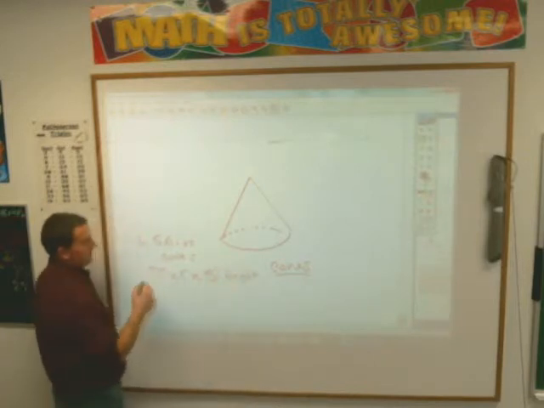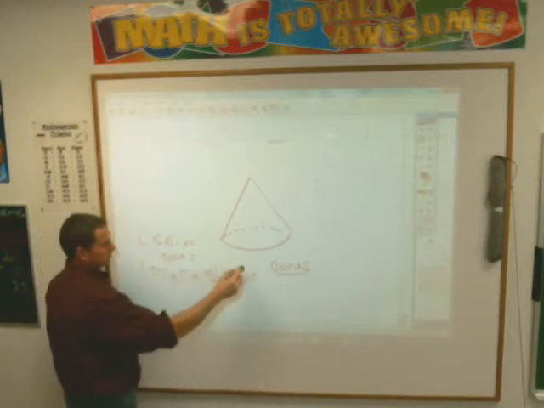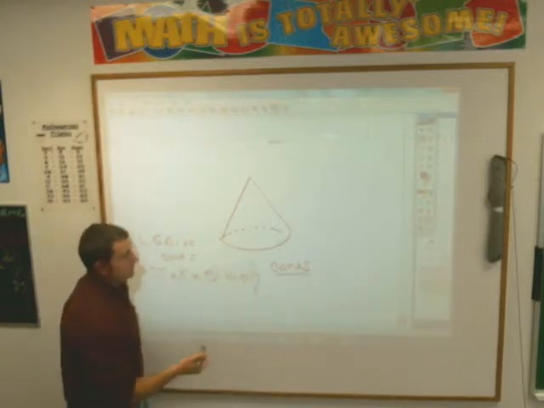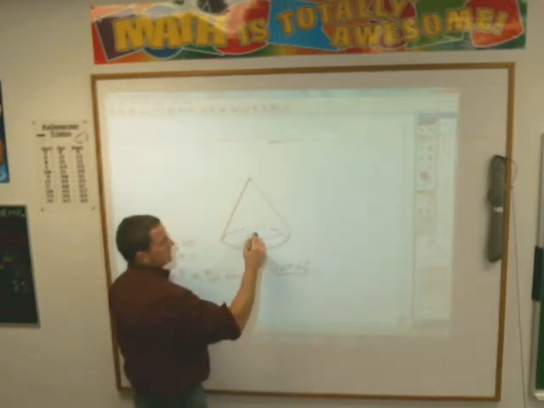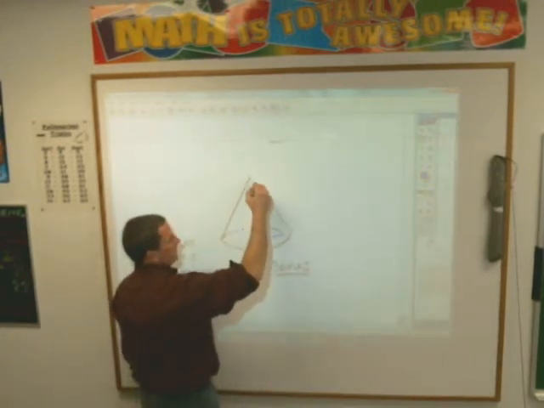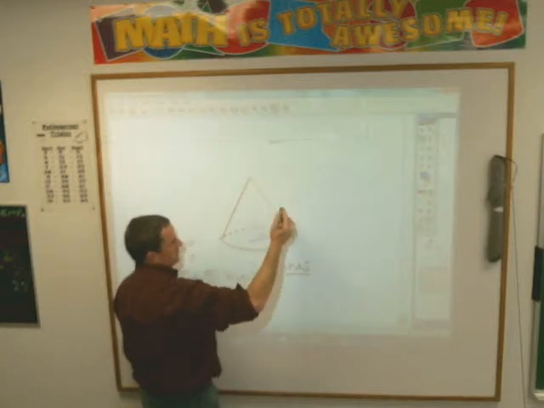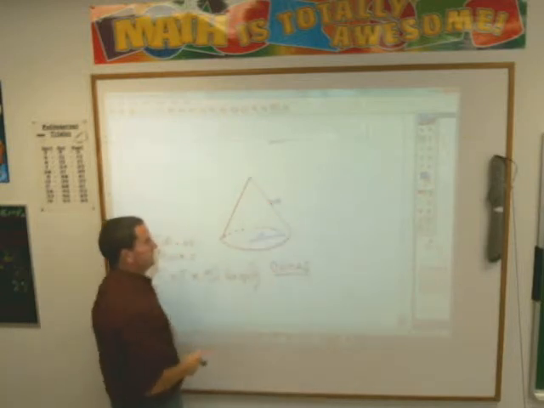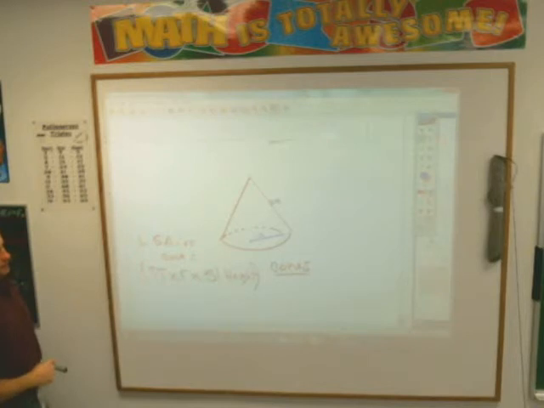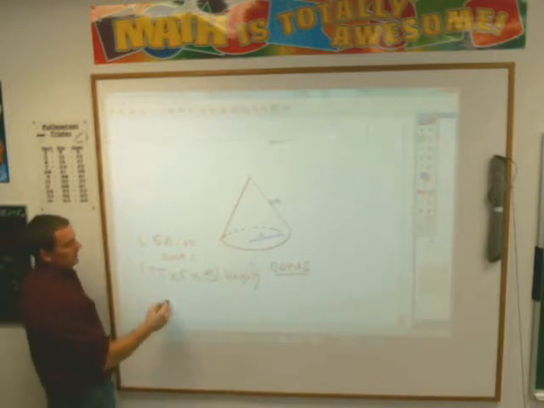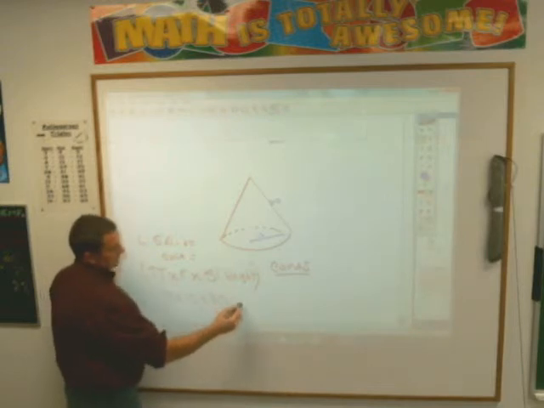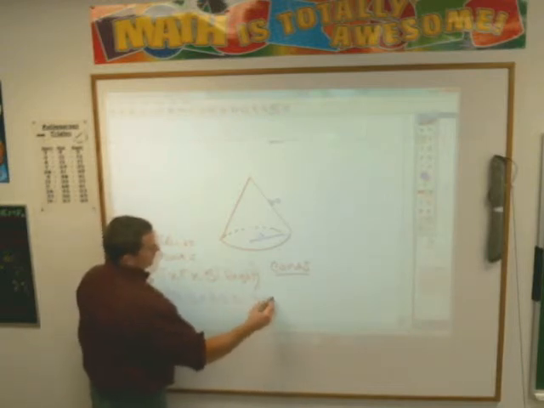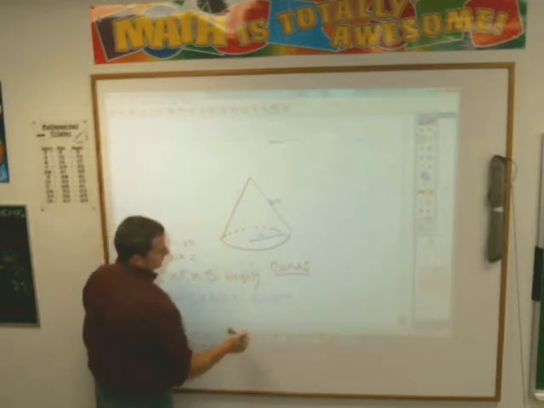That is the lateral surface area. Which means all you need to know is this. Somebody steps up and they give you the radius here is 10. They tell you the slant height from here to here is maybe 20, and that's all you need to know. Because you can just plug it into this. Pi times 10 times 20 ends up being 200 pi.